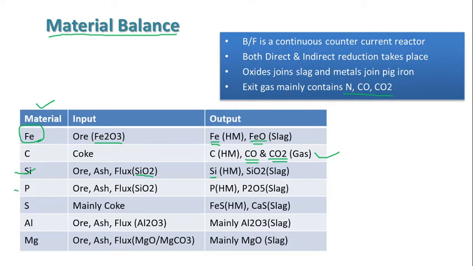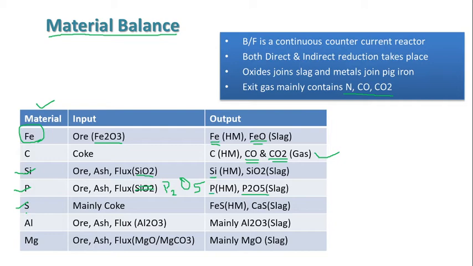And phosphorus, which is a detrimental element that produces cold shortness in steel, may come from ore, ash, or flux, in the form of P2O5. It can join the hot metal in the metallic form, that is P, or the slag phase as P2O5.